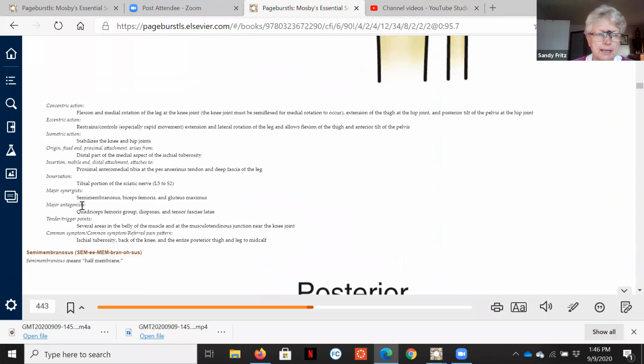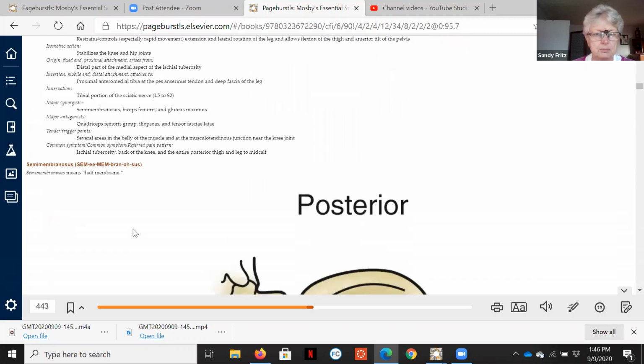So we've got, again, the helpers, and we've got the antagonists, and we looked and they match up. These are also functioning concentrically, and if the knee is flexed, they'd be functioning eccentrically. And then the common tender point areas that might create symptoms.